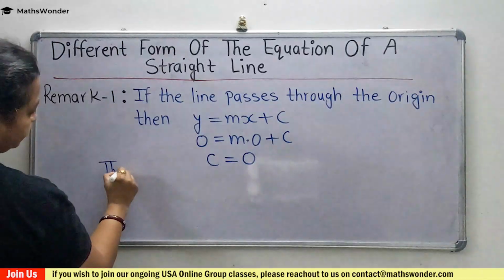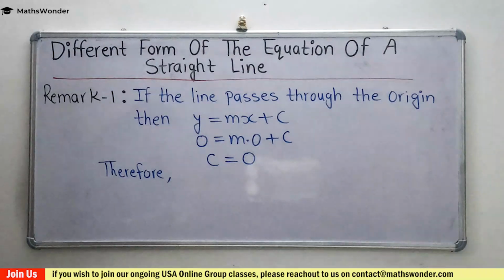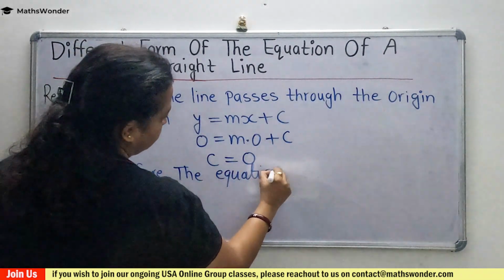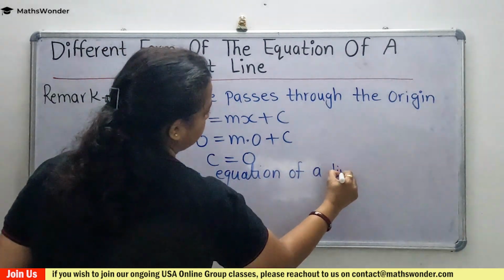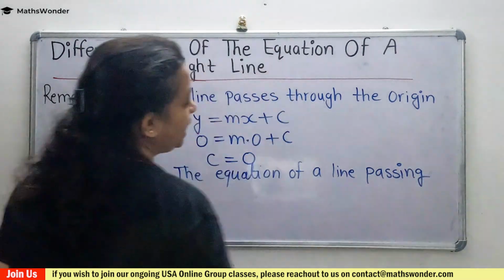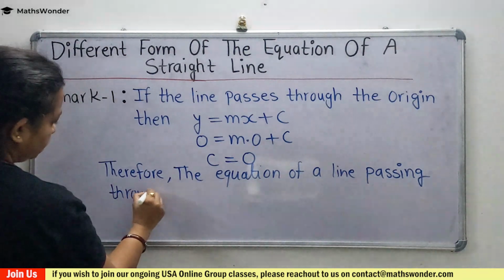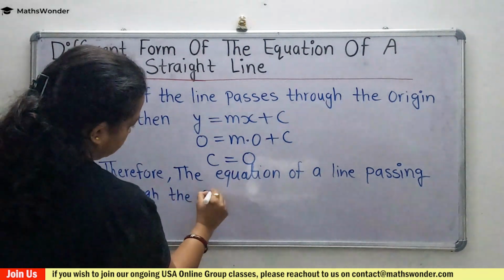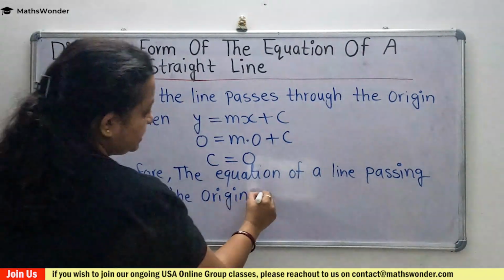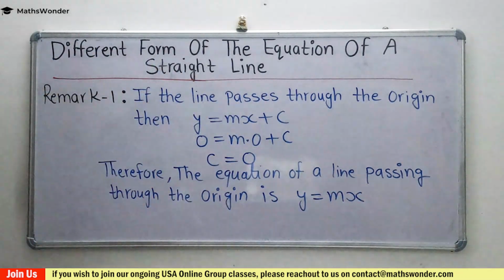Therefore, the equation of a line passing through the origin is y equals mx, because here c equals 0.